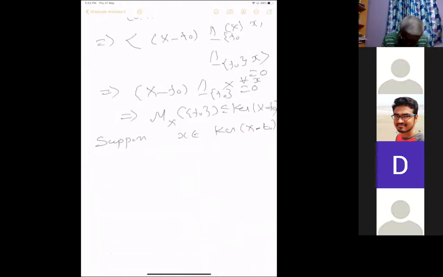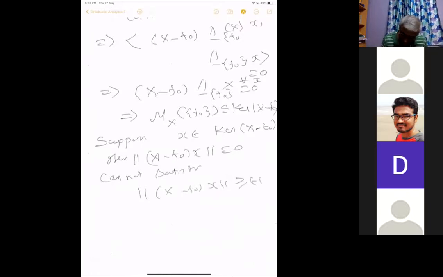Suppose here, then (X minus T naught) x equals 0. So it cannot satisfy this inequality. Maybe we'll write it: it cannot satisfy norm of (X minus T naught) x greater than or equal to epsilon norm square for x not equal to 0.